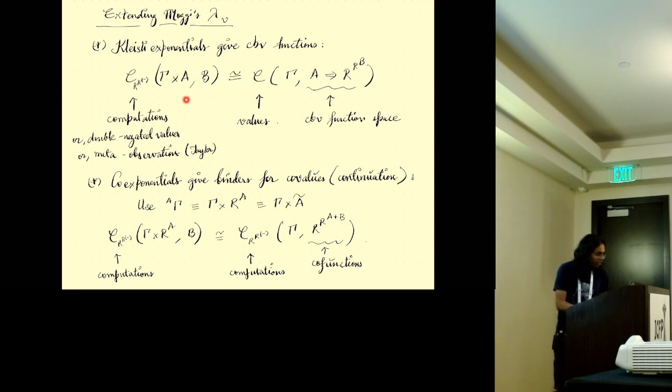The first thing is that we have a distinction of values and computations, and because the continuation monad is strong, you can lift functions from the value category to the computation category, and this gives you call by value functions. And the second thing we are adding is the coexponentials.